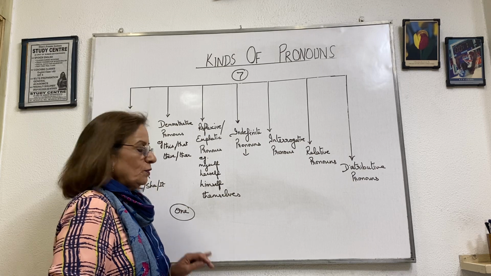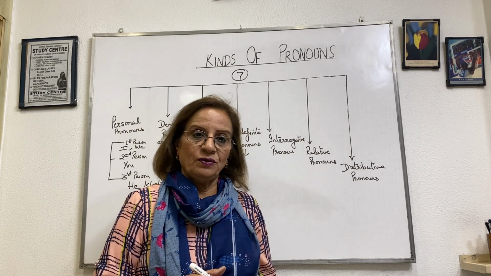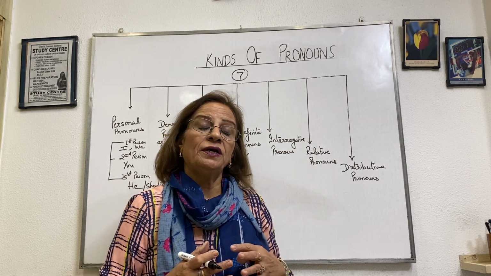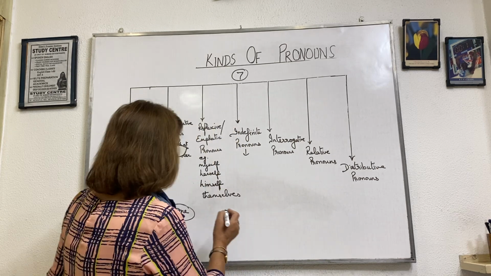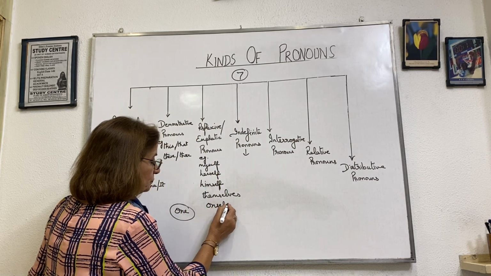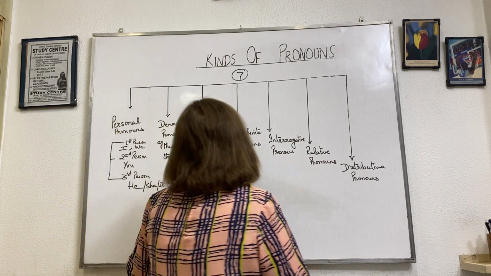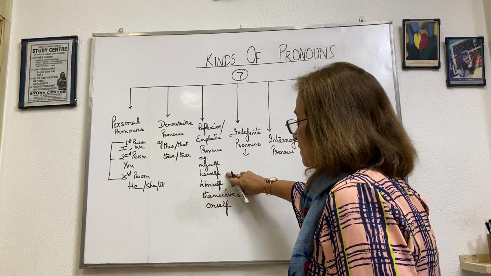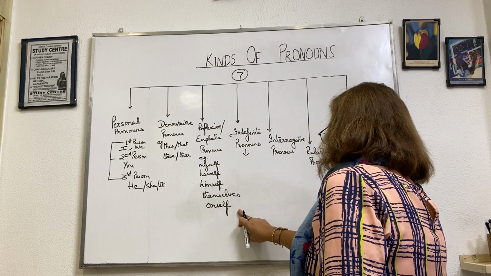Indefinite. So one must do his work oneself. So we should avoid using personal pronouns. Okay. So oneself. I told you reflexive, emphatic pronouns are myself, herself, himself, themselves, oneself.